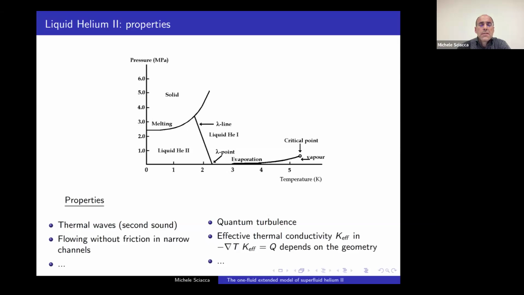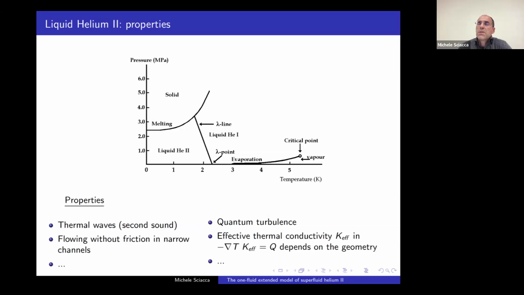What you realize is that below this lambda point, the properties of helium change. You find what is usually named thermal waves, second sound, or it is able to flow in narrow channels.